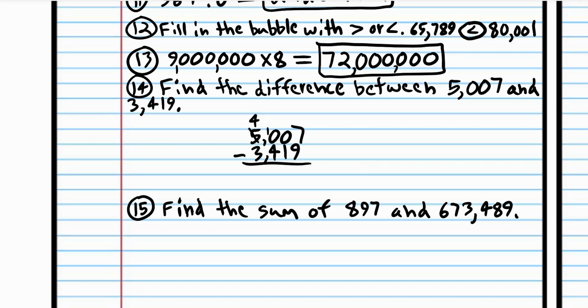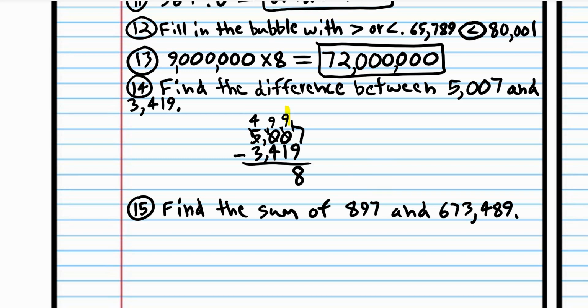So when we give the 1 to the 0, it becomes 10, but we have to borrow from the 10, that becomes 9. And we give the 1 that we borrowed from 10 to the other 0, and it becomes 10. Then we borrow from that 10, it becomes 9. And we give the 1 that we took from that 10 to the 7, and it becomes 17. Now we have 17 minus 9 is 8.